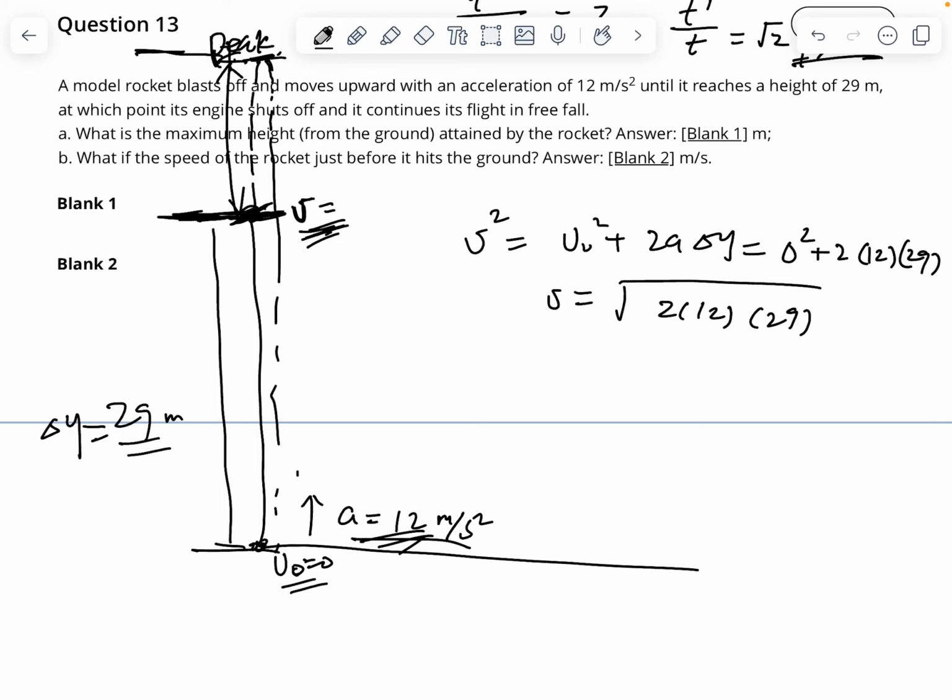All right, so this speed will be 6.4 meters per second. No, this is not the speed. What's the speed? 2 times 12 times 29, let me calculate.